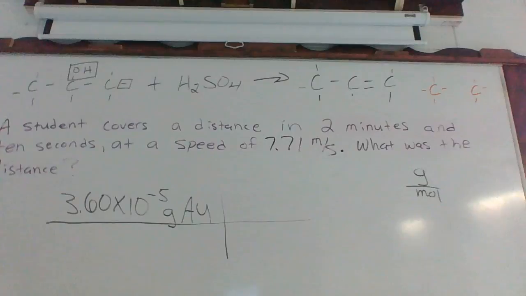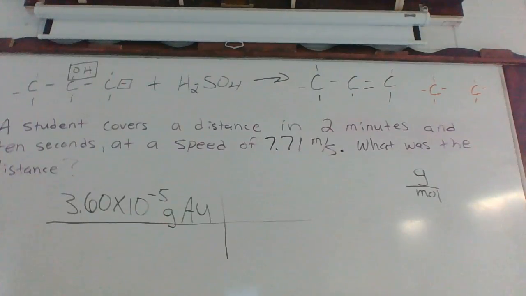No. So since we're not starting or looking for atoms or molecules, you will not be using what constant? Avogadro's number. If you see that present, we're starting with this many molecules, or we're looking for this many molecules, then you use Avogadro's number. But it doesn't say that.